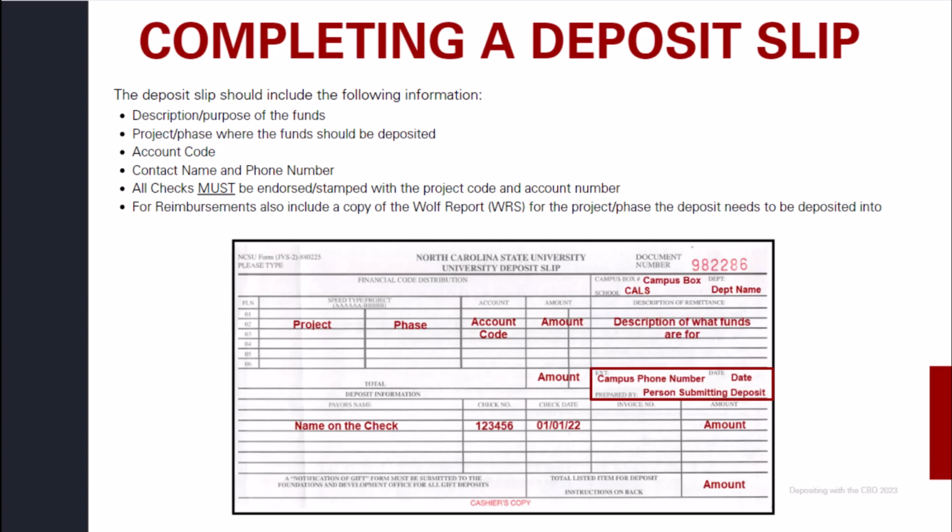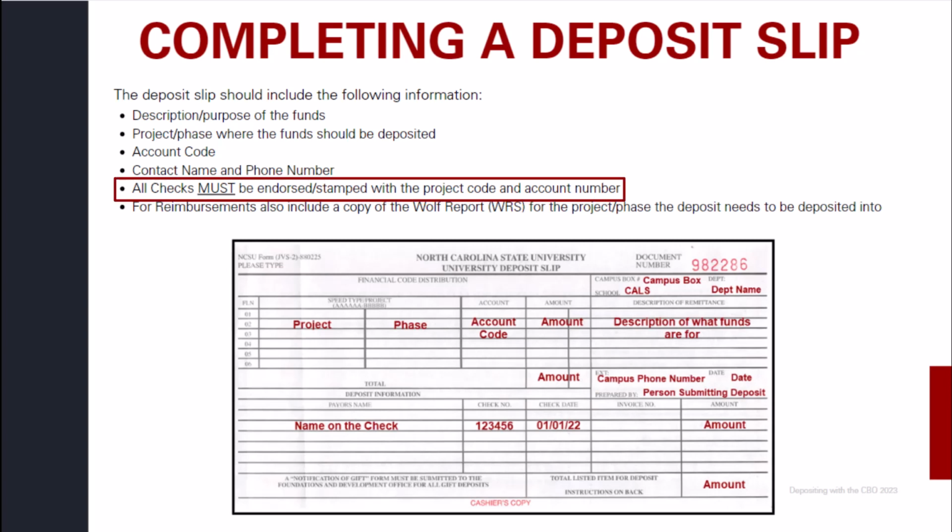The individual listed here should be the best contact for the AR team to contact with any questions they may have about the deposit. All checks that are being deposited must be endorsed or stamped with the project code and account number. Also, all checks must be endorsed on the back. It is not sufficient to denote for deposit only, the department name, or NCSU.